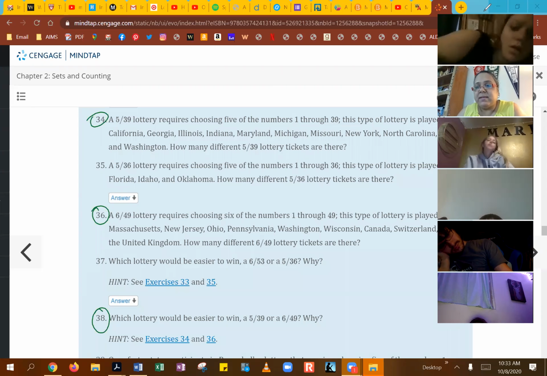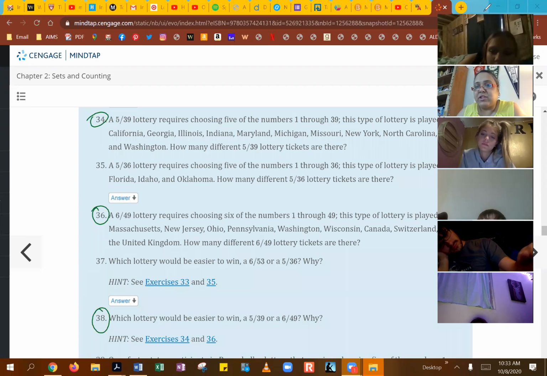No, the n is all the total numbers you're choosing from, right? So since you're going from 1 to 39, your n is actually going to be 39, because you're choosing 5 numbers out of 39. So n equals 39, r equals 5.